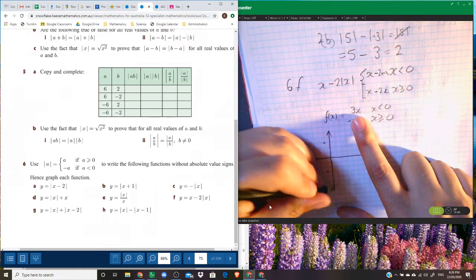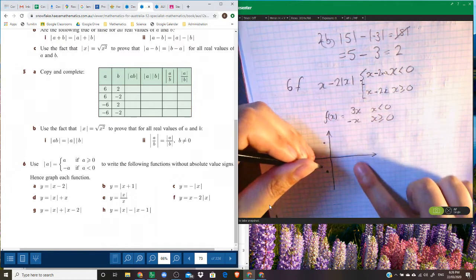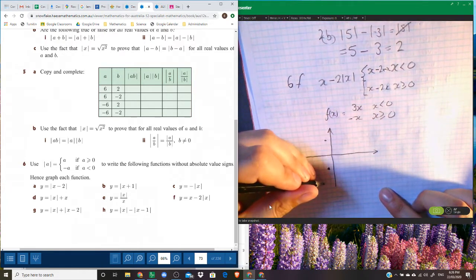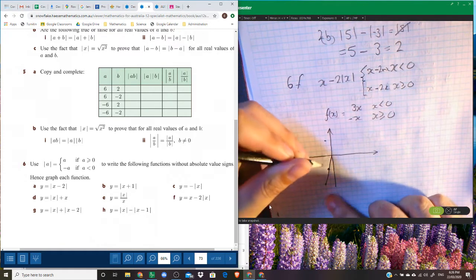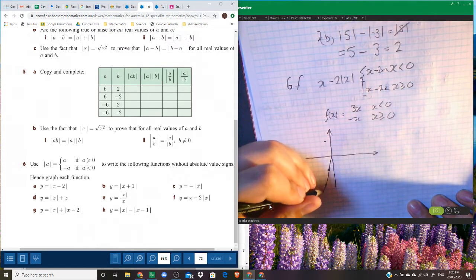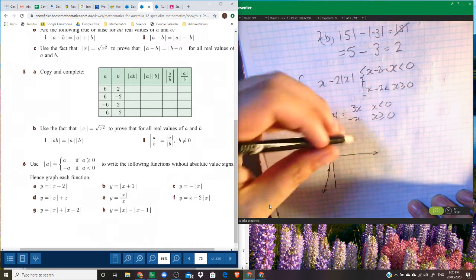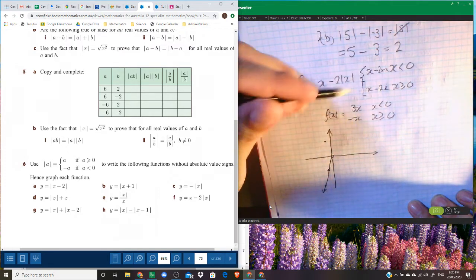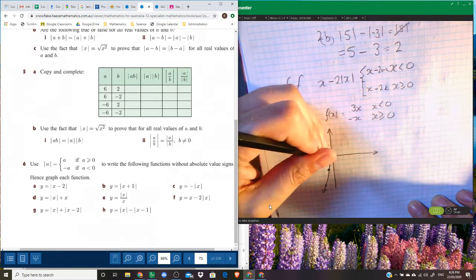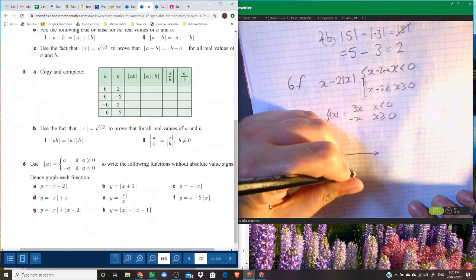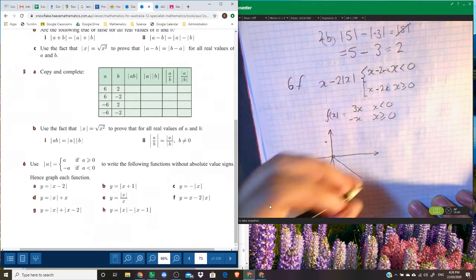Let's go down, minus 3 in the y, and then minus 6, and so on. So something like that. That's that part of the graph. And then we're at 0, so 0 is 0. And for that, it's actually now down this way. So that's something to that effect.